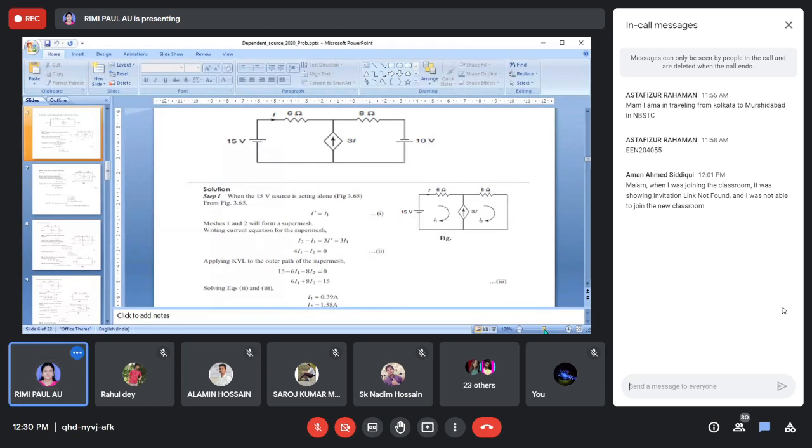If it is not mentioned, then you can apply any method, but you have to check which method takes less time. Suppose one problem I have given you, and if you apply mesh or current division rule it takes 25 minutes to solve, whereas if you apply the nodal method, this same problem takes only 10 minutes.